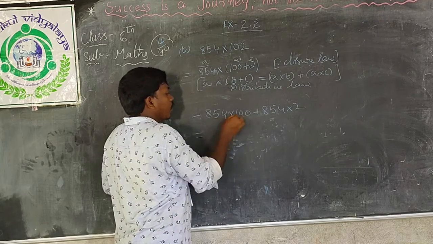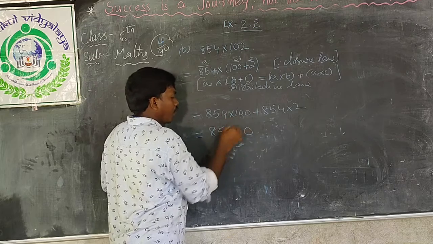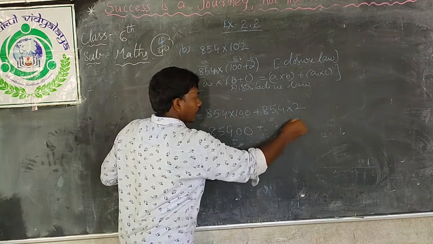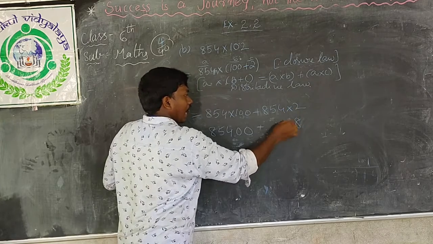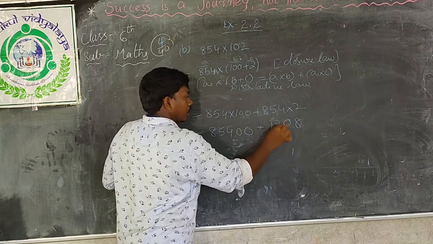Now 854 into 100, same number: 854 into 1 is 854, then 0, 0. With the 2: 2 4s are 8, 2 5s are 10, write 0 carry 1, 2 8s are 16 plus 1 is 17.